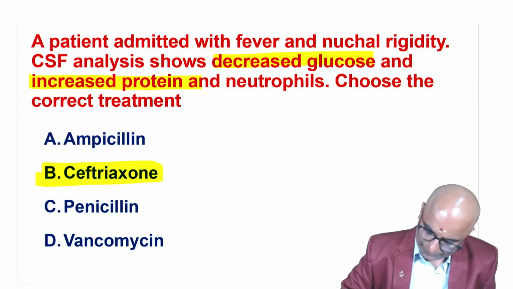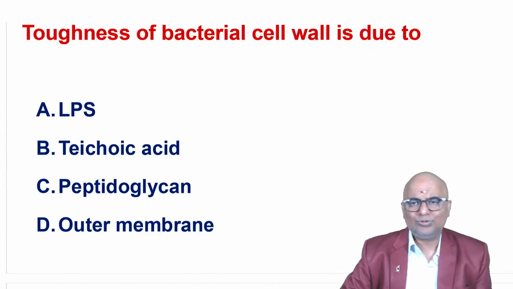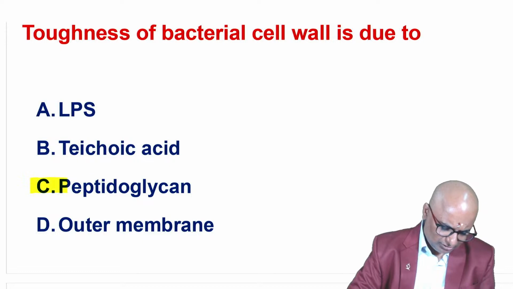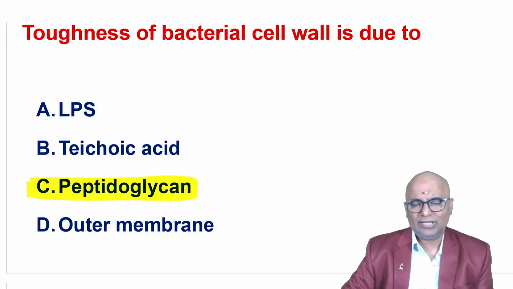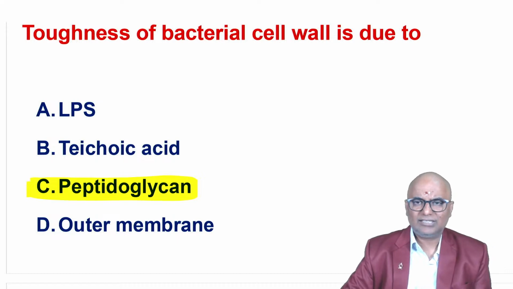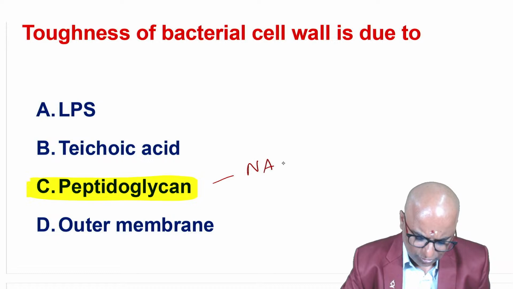Next is toughness of bacterial cell wall due to. What is the backbone of bacteria? Cell wall. What is the backbone of cell wall? Peptidoglycan. Gram positive thick peptidoglycan, gram negative thin peptidoglycan. That is due to the toughness. It is made up of N-acetyl glucosamine, N-acetyl muramic acid.